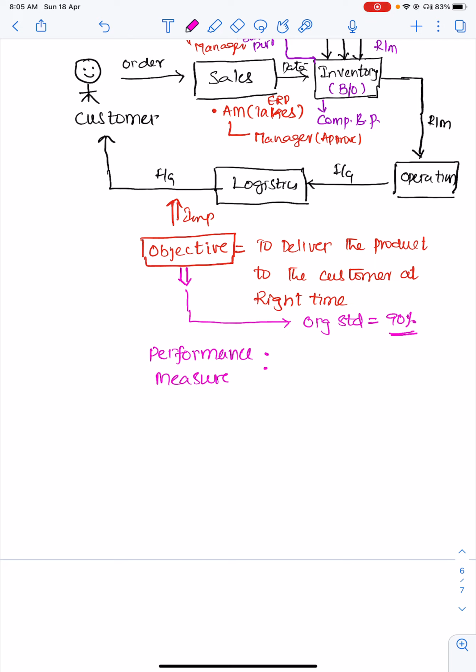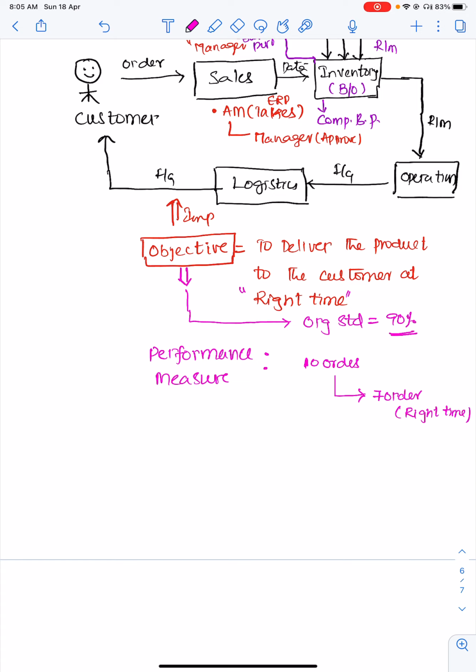Let us assume we got 10 orders. Out of 10 orders, we have to see how many orders we have delivered at the right time, because what was the objective? The objective is to deliver the product at the right time. Let us assume I got 10 orders, out of which I sent 7 orders at the right time.